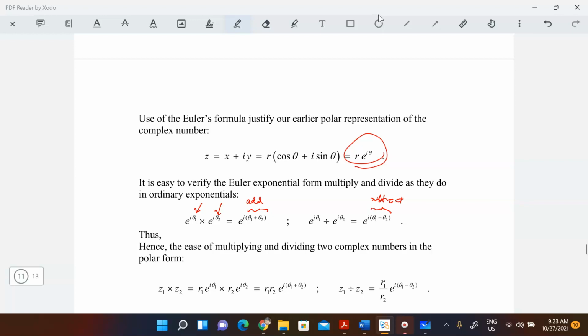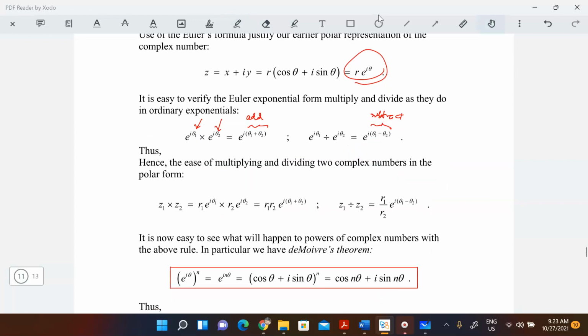So when you multiply two complex numbers together, the absolute values will just multiply each other, and then your exponents will also multiply, but the effect is just like an addition of the phase. This is sometimes called the phase.